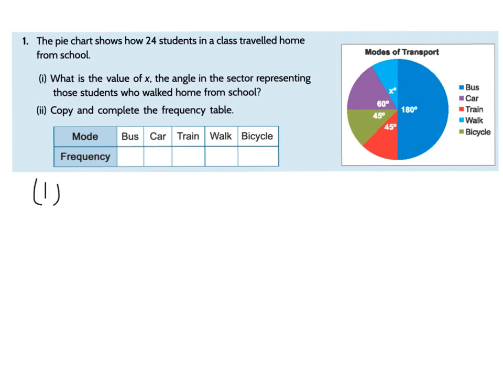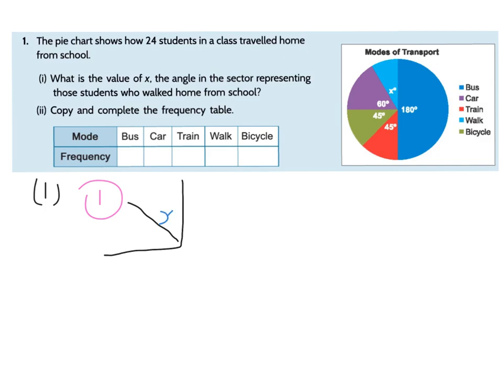There are two ways that you can find x for part 1. The first method is taking a look at this 90-degree angle here. If we were to draw that angle again, it looks like this, and it is split into two parts.